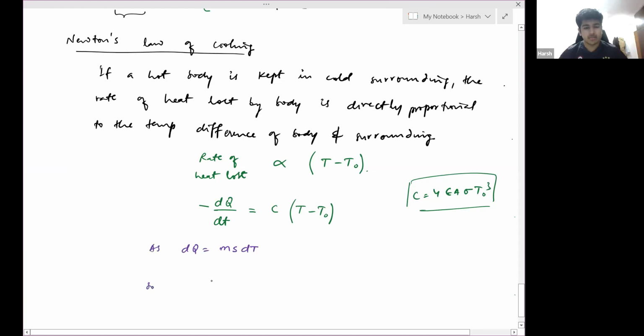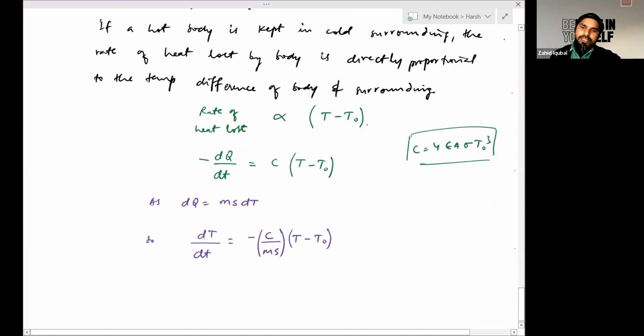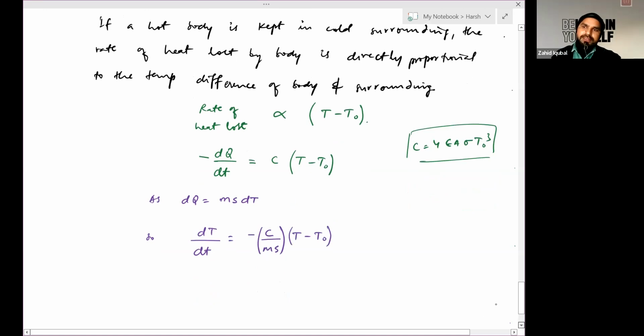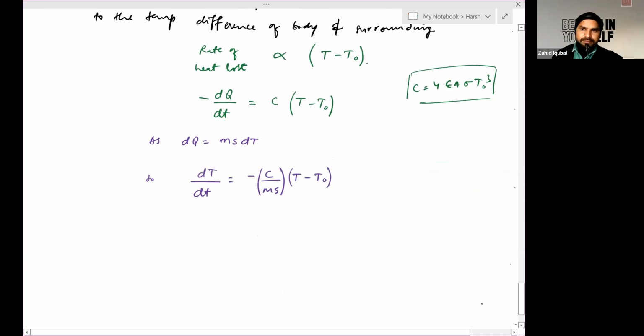So dT divided by dt is equal to minus of C divided by m into s times T minus T naught. So here m s: m is the mass of the body and s is the specific heat constant. I defined it in calorimetry. Yes, sir, but I just forgot to use it. Okay. m s.